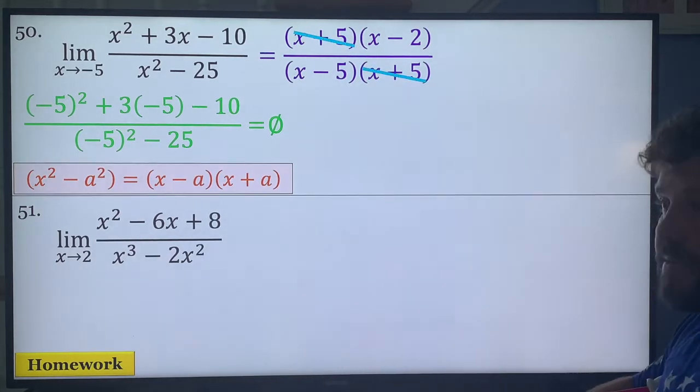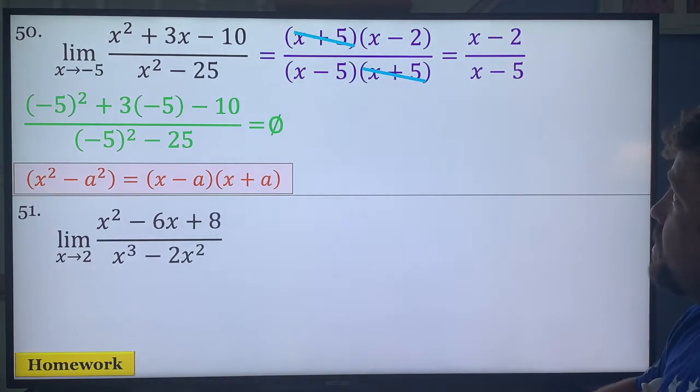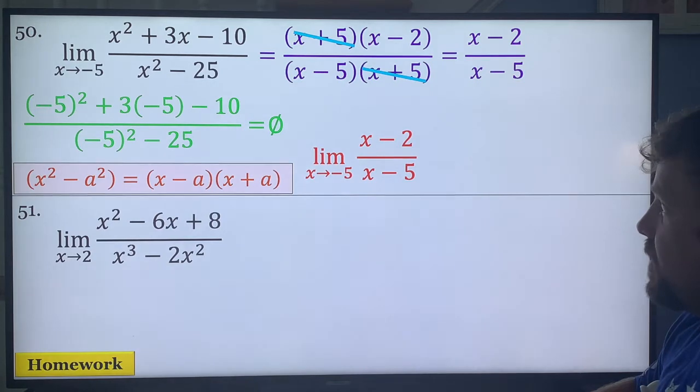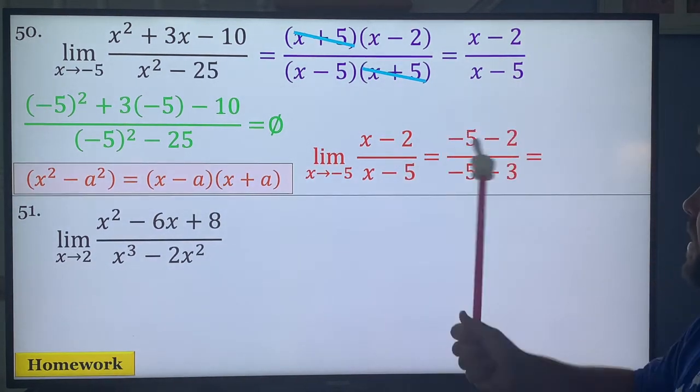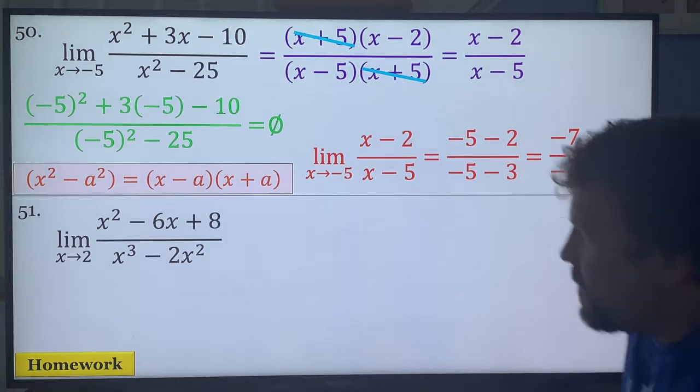Cancel out the x plus 5s, leaving x minus 2 over x minus 5. The limit of x minus 2 over x minus 5. Plug in the -5. -5 minus 2 over -5 minus 3, which is -7 over -8, which is 7 over 8.